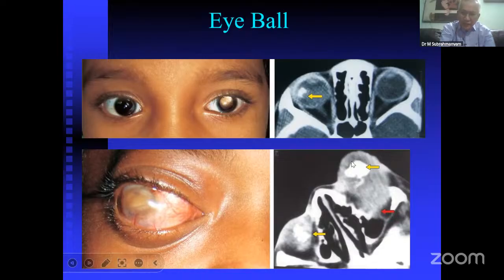So it's a retinoblastoma showing orbital extension with proptosis, and the other eye, which was enucleated previously, shows a recurrence with calcification, a bilateral retinoblastoma, familial in origin.